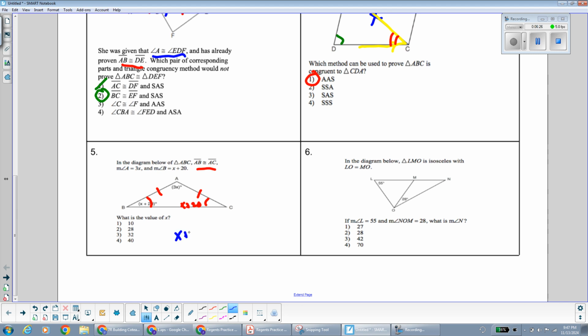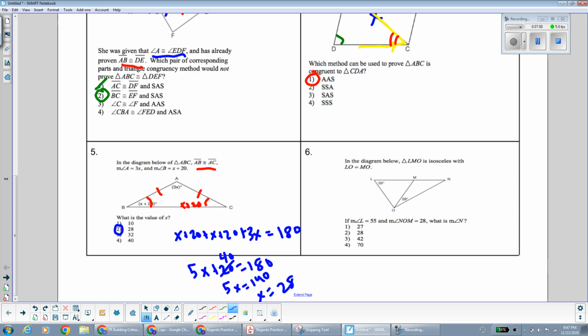We can add them up, and we can set them equal to 180, because all three angles of any triangle always sum to 180. I added wrong. 20 plus 20 is 40. And if we divide by 5 on both sides, we should get 28 for our x value.